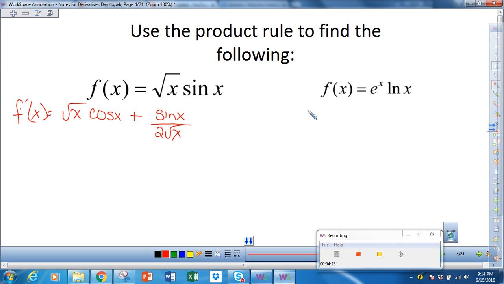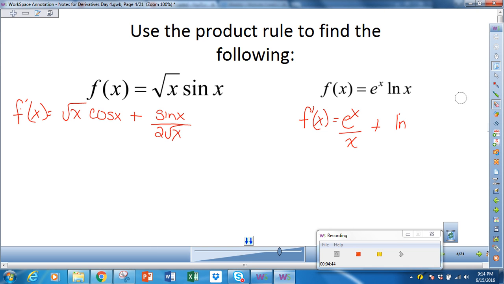Same thing for e to the x and natural log of x. We keep e to the x the same. The derivative of natural log of x is 1/x. Then we keep natural log of x the same and take the derivative of e to the x, which is e to the x. So that is the product rule.